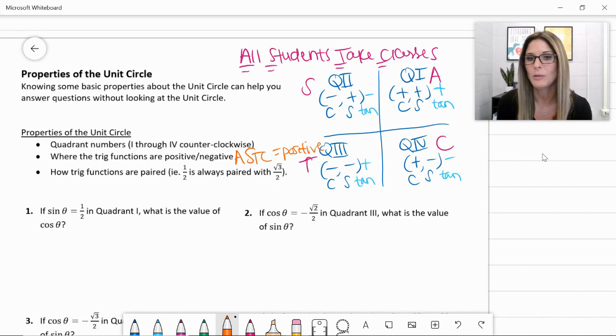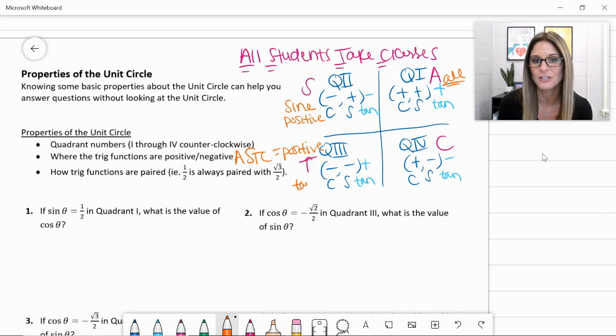So in the first quadrant, we put A for all of them. Notice cosine, sine, and tangent are all positive in the first quadrant. Second quadrant, S stands for where sine is positive, and you can see there, sine is the only one positive. The rest are negative. Third quadrant, T stands for tangent is going to be the only one that is positive.